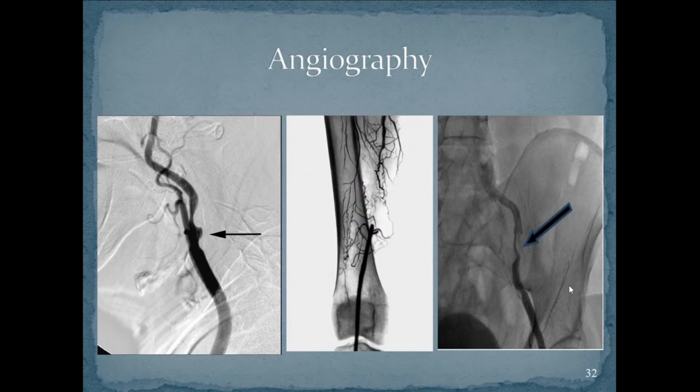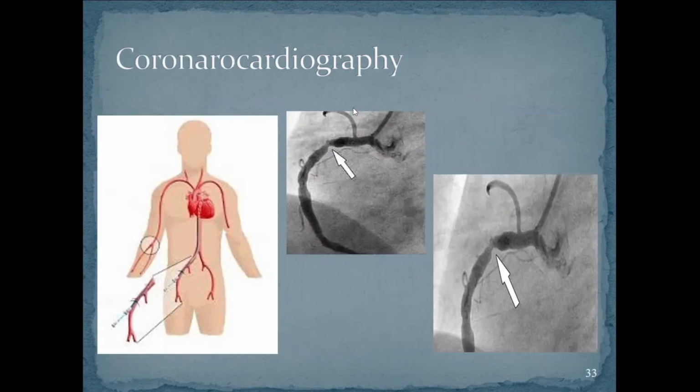Here you can see the external iliac artery. So, Leriche syndrome. This is the coronarography and the stenosis formation in the coronary arteries, which can cause infarction.